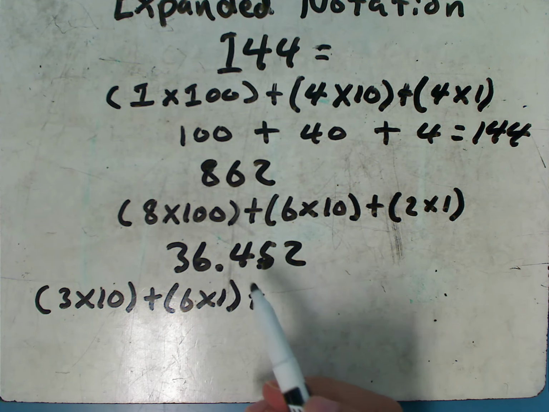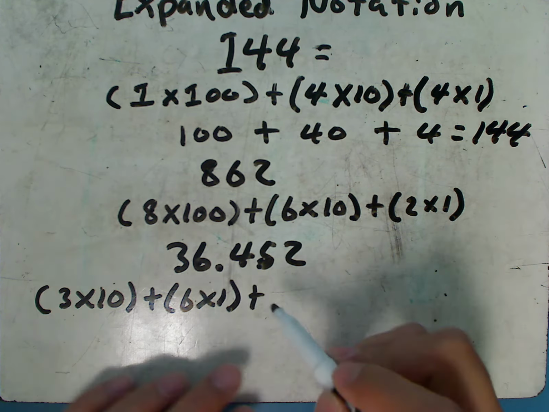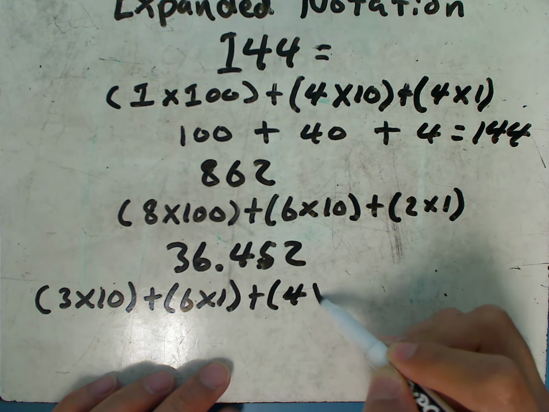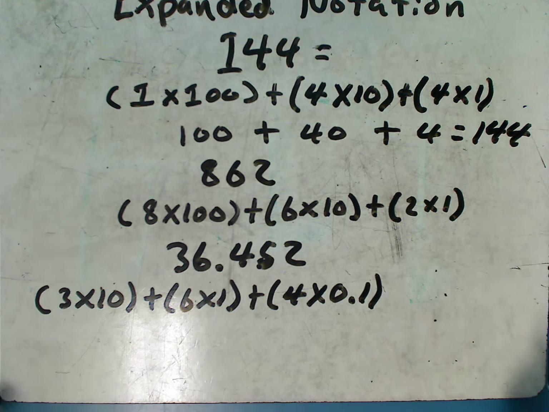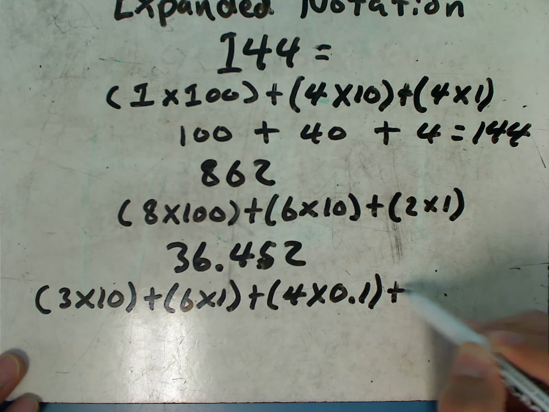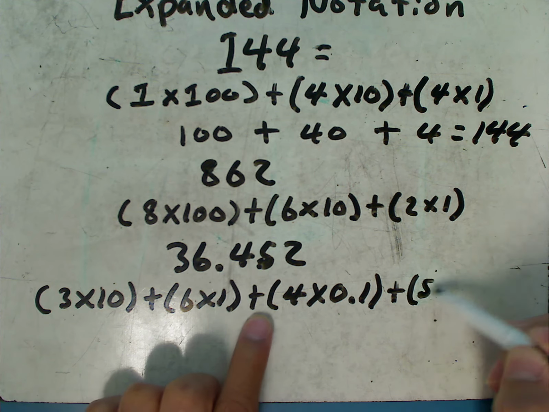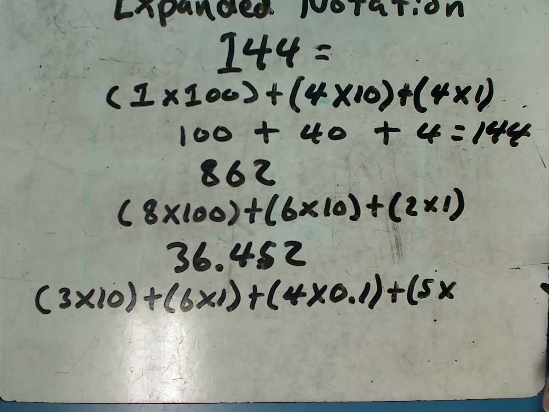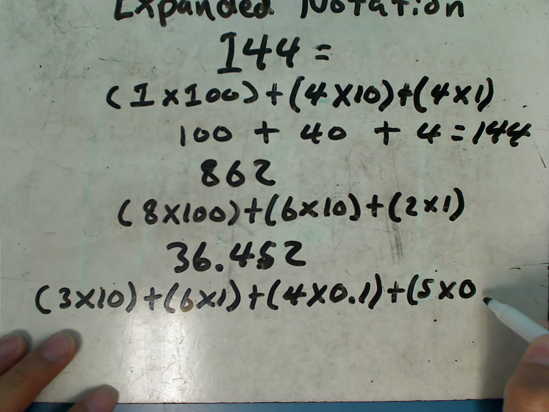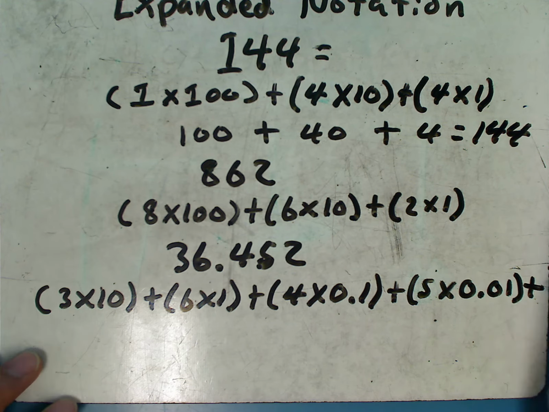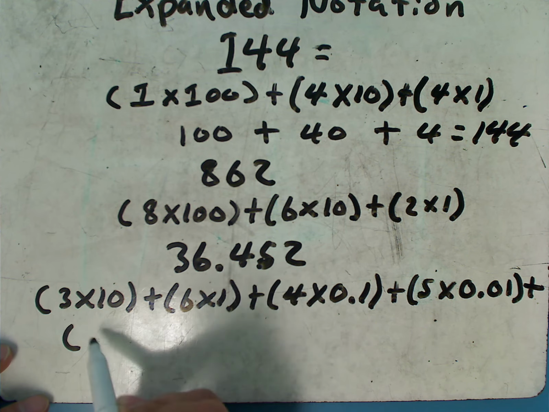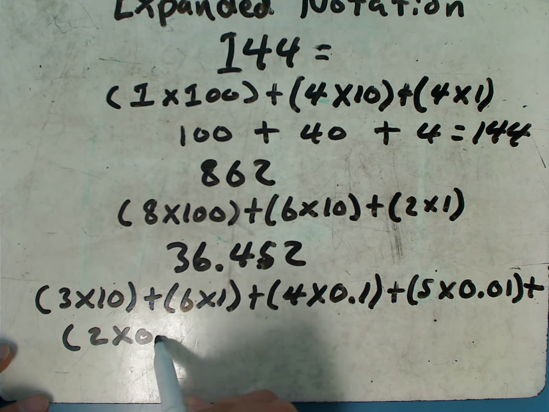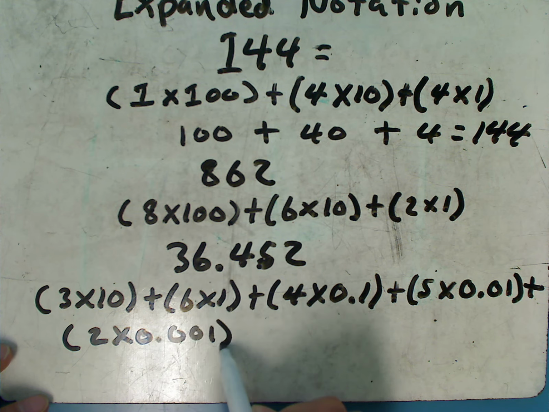So with decimals, we have our tenths, hundredths, thousandths. So here I'm going to do parentheses 4 times 0.1, or 1/10, parentheses plus, right, 5 times, okay, the 5 is in our hundredths place, so I'm going to do 0.01, plus, and our 2 is in our thousandths place, so we're going to do parentheses 2 times 0.001.